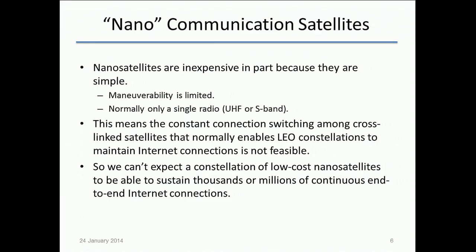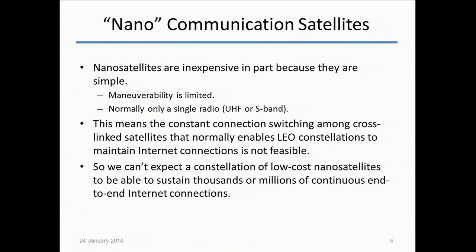So the capability to do the conversation switching, the connection switching that you get from the Iridium satellites, it's very difficult to replicate that in the tiny form factor of these little satellites. Typically, they have very limited maneuverability on orbit. They normally only have a single radio, which is typically just a UHF radio.